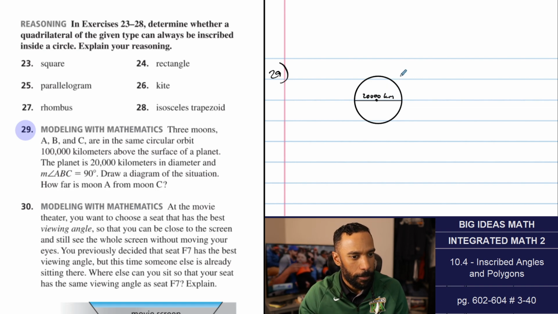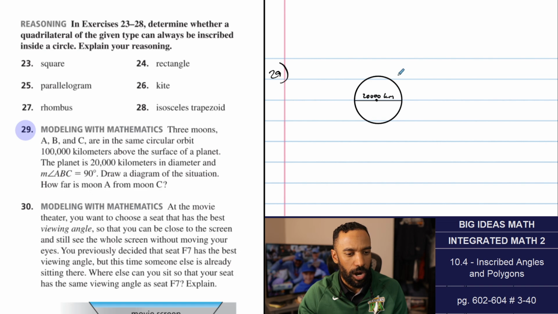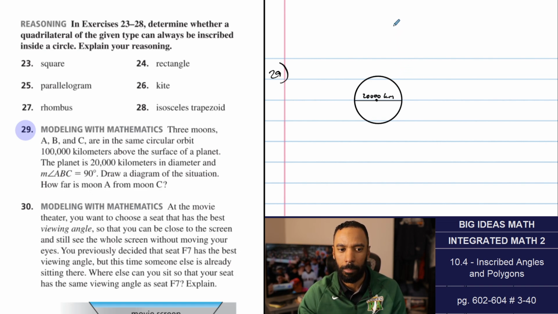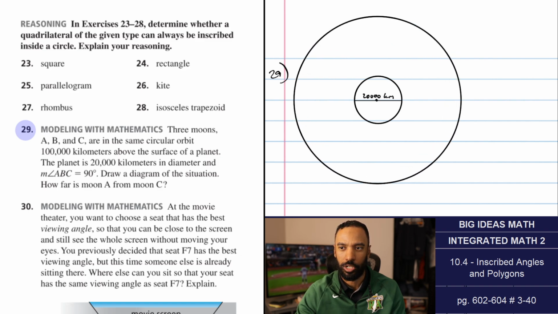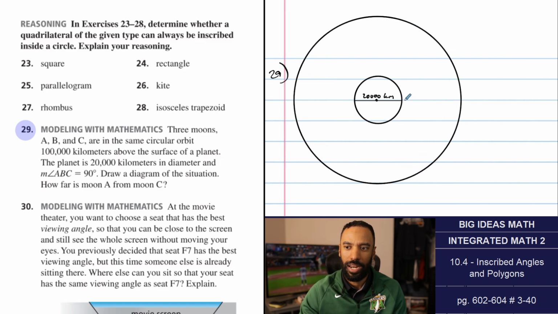They mentioned 3 moons are in the same circular orbit 100,000 kilometers above the surface of the planet. So here's the planet itself, and here's something that there's a different orbit like this one. Maybe not drawn to scale. But they said 100,000 kilometers above the surface. So if the surface is here, here's an additional 100,000 like that.